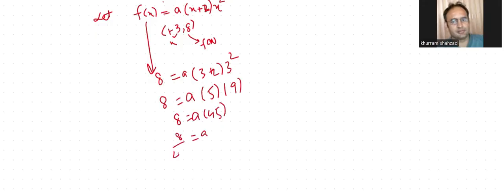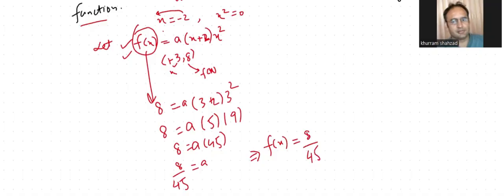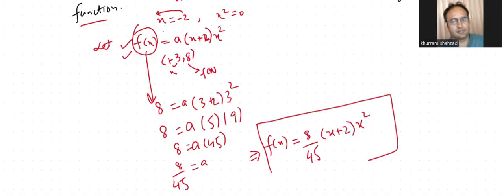So in the above function, we have to substitute this value of a. So f of x is actually equal to 8 divided by 45 times x plus 2 times square of x. So this is the required polynomial which we had to find.